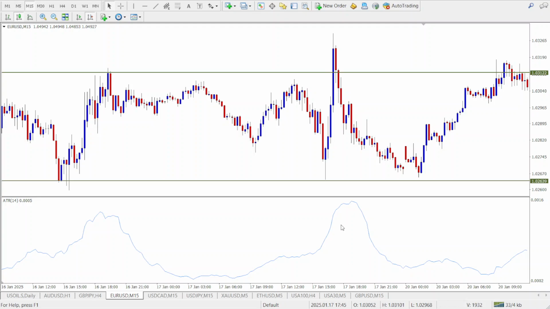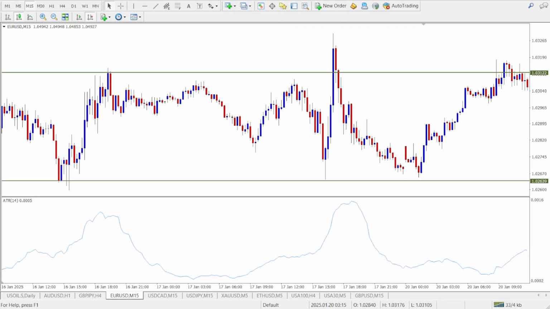For example, if the ATR value is high, it indicates increased volatility, meaning your support and resistance zones might need to be wider to account for larger price swings. If the ATR is low, the market is quieter, and tighter levels might suffice.